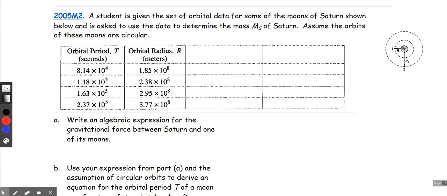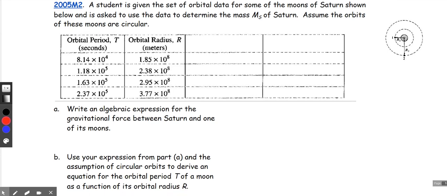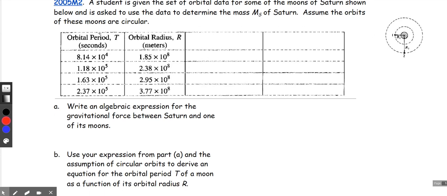Assume the orbits of these moons are circular. So we're given the orbital period, how long it takes to go around the planet for that moon. It's given in seconds. We have the orbital radius, r, given in meters here, and so we anticipate we need to transform this data somehow.